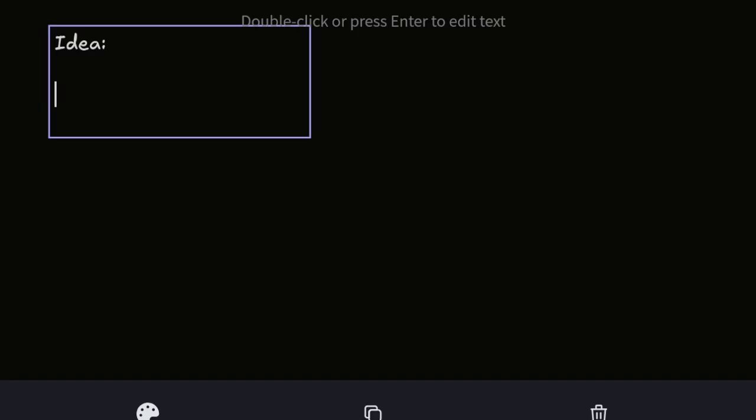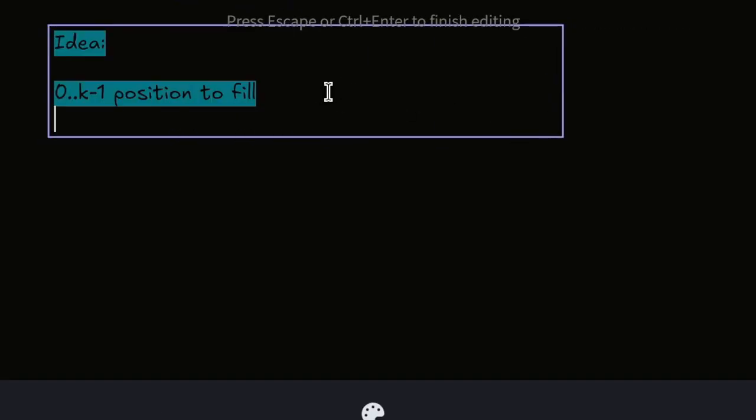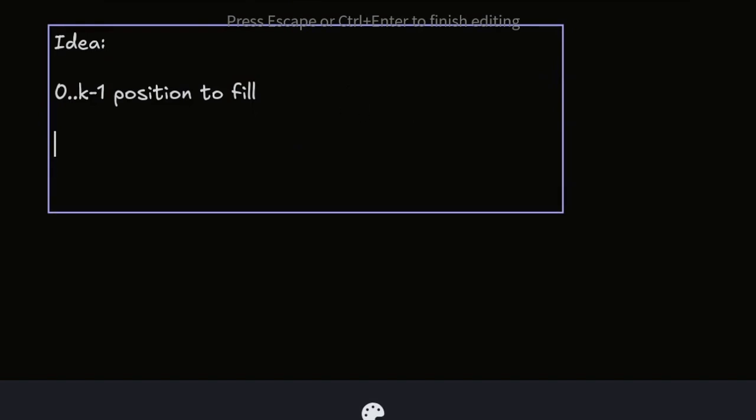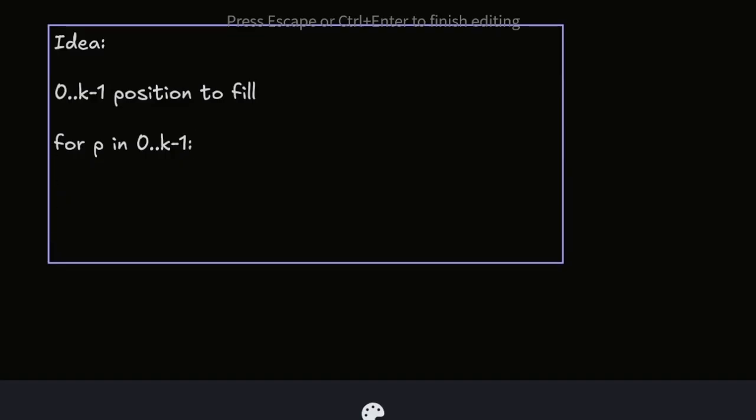For instance, we have 0 to k minus 1 positions to fill, right? And if we just look at one position, let's assume p in 0 to k minus 1, how can we find the total contribution for this position p?